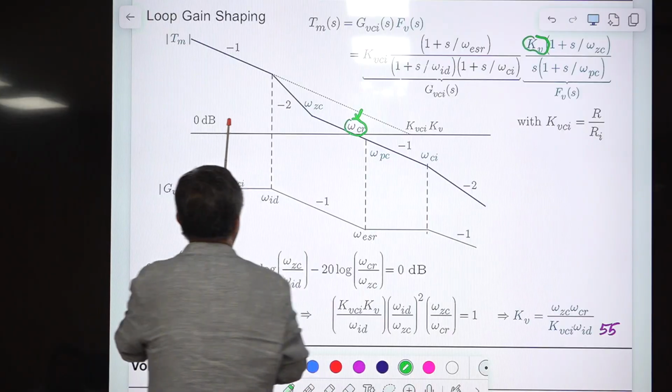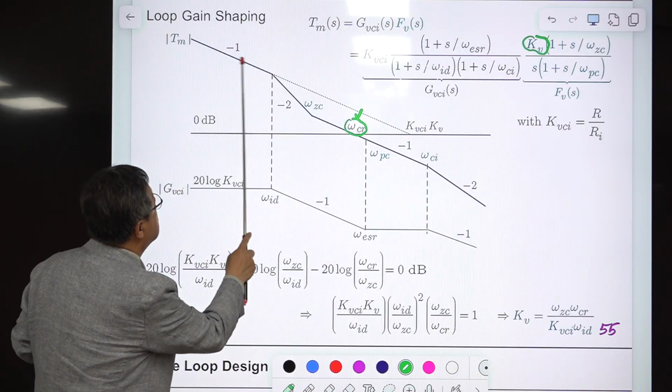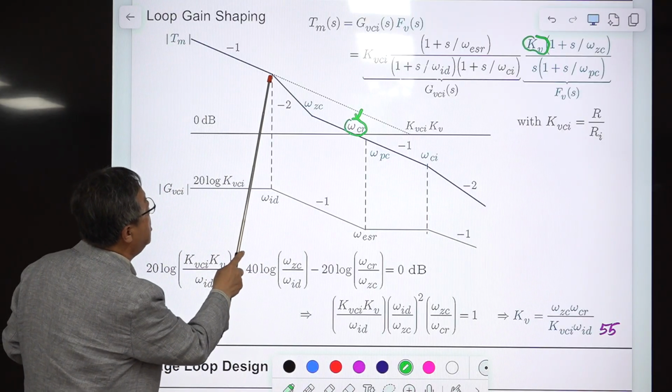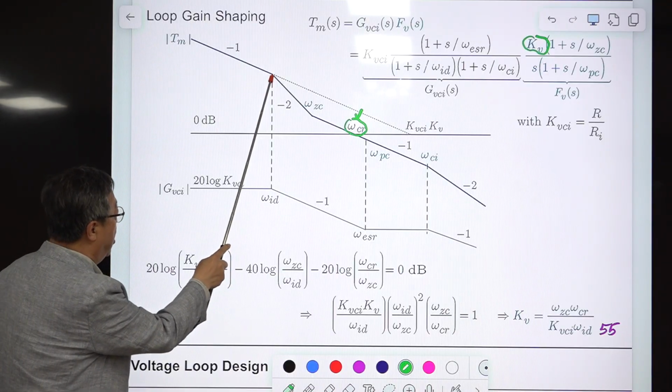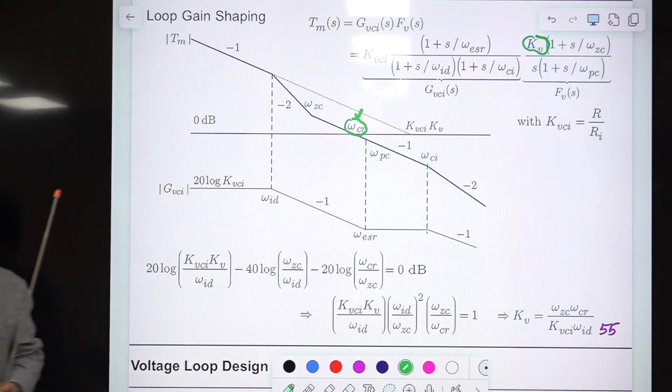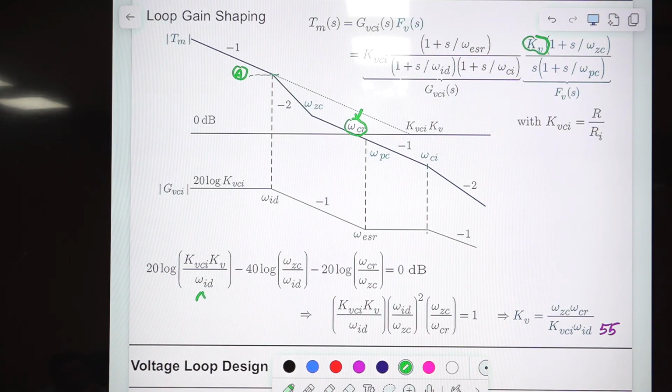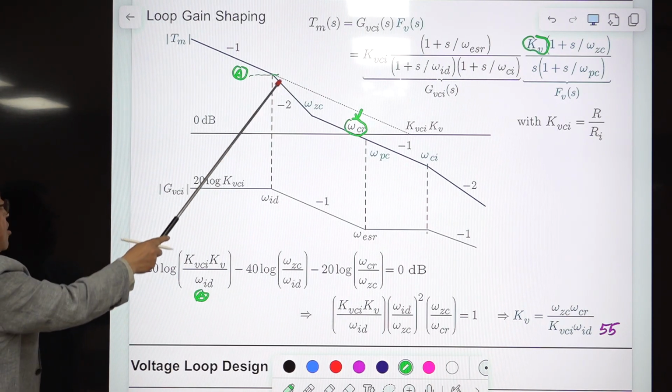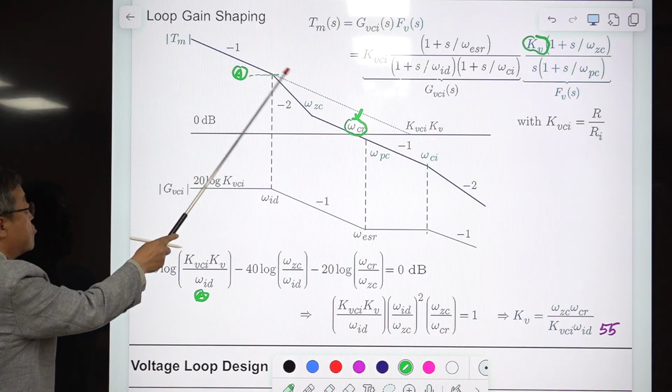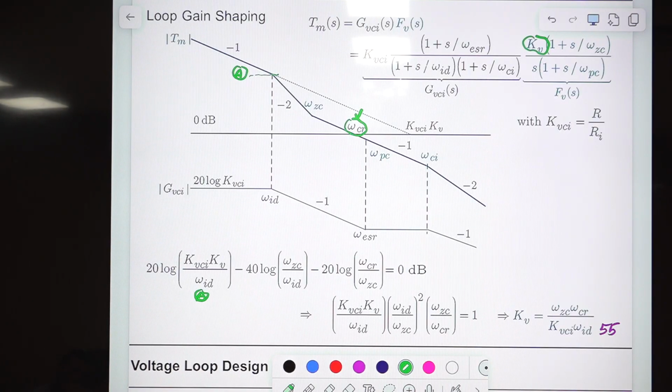Then you evaluate this line segment at this frequency, and that value is this one. So this value is A. Note this as A. So it starts from A, and it decreases with -2 slope from here to there, and this frequency was omega ID. So we have this term.